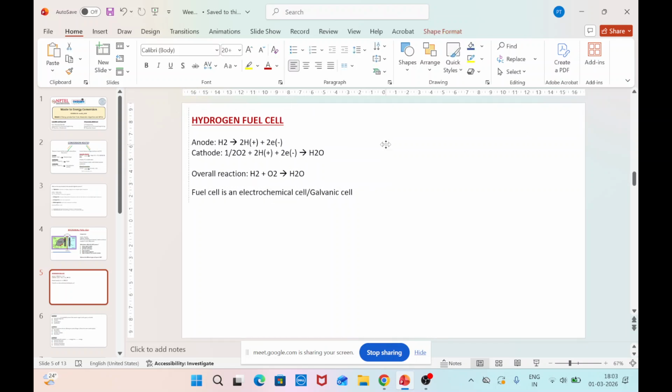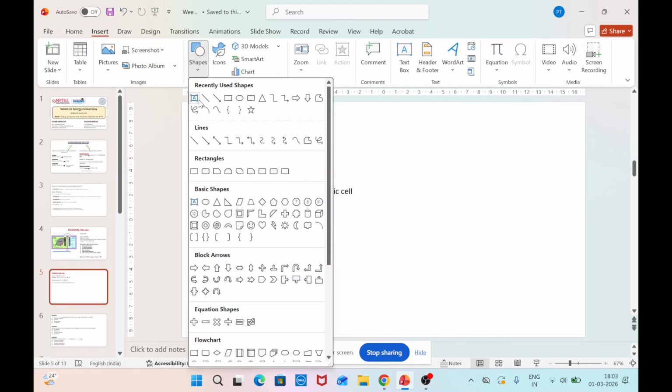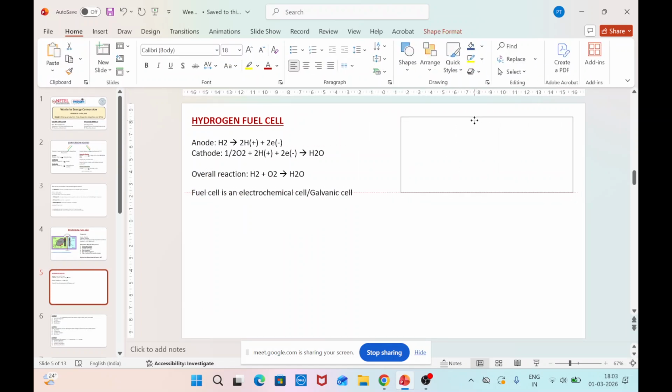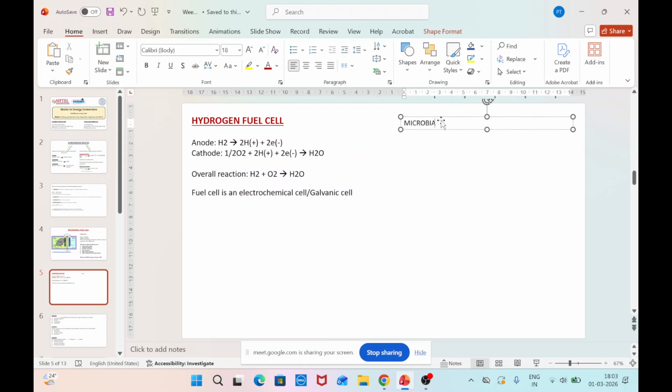So next we will now discuss microbial fuel cells. As I said, the same concept is also used in the case of the microbial fuel cell. The only difference is that at your anode, instead of pumping hydrogen gas into the anodic chamber, we will use organic matter and microbes to generate the electrons.